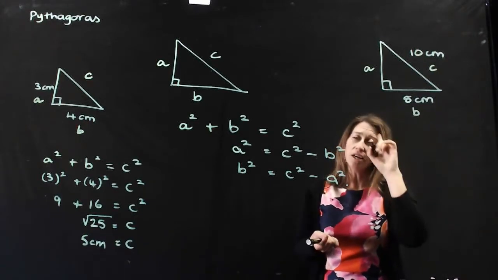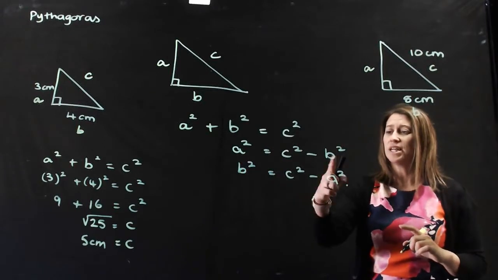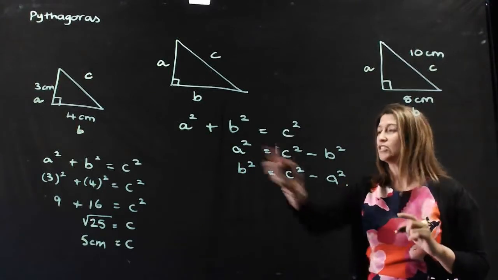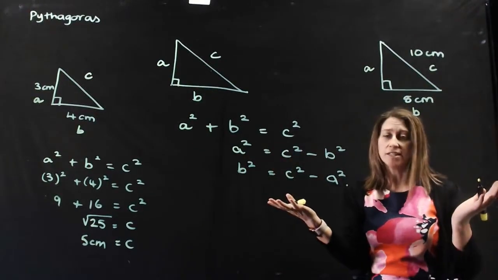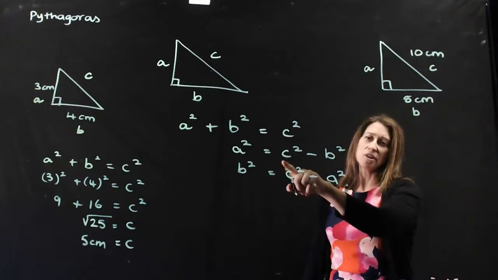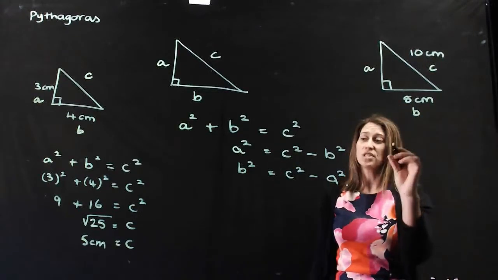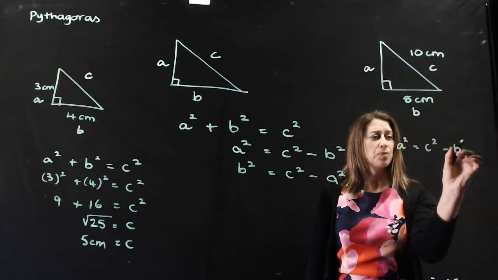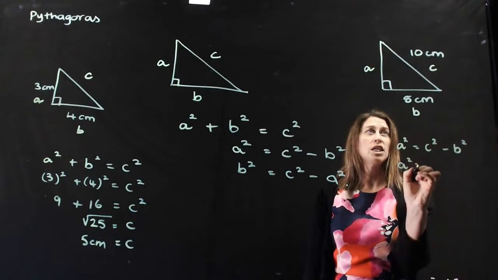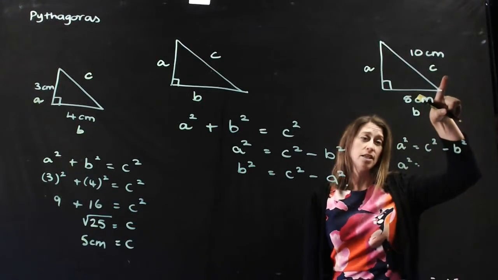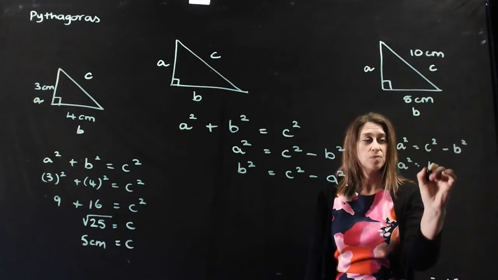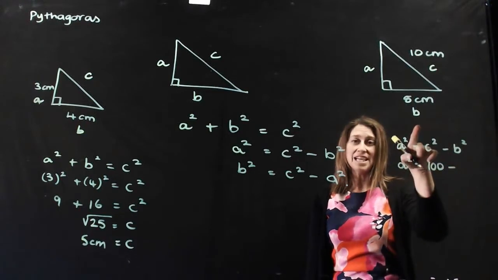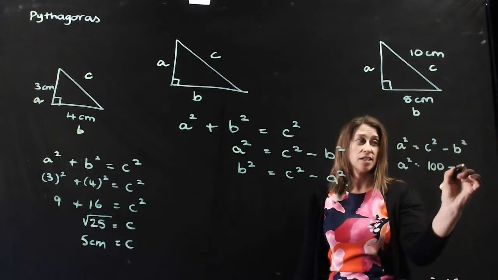So I can either use this formula here, the A squared one, or I can just substitute into this one and rearrange it later. It really doesn't matter. As soon as I've rearranged it and it's here, I'll use this one. So A squared equals C squared minus B squared. So A squared equals, well, C squared is 10 squared, which is 100, minus B squared. B is 8. 8 squared is 81.